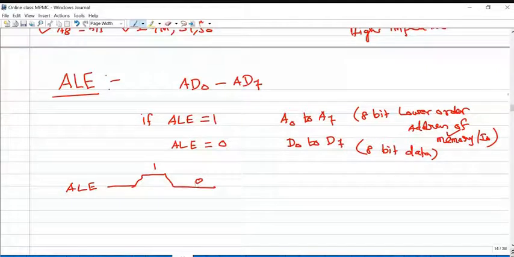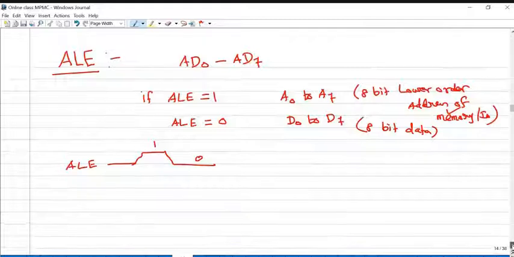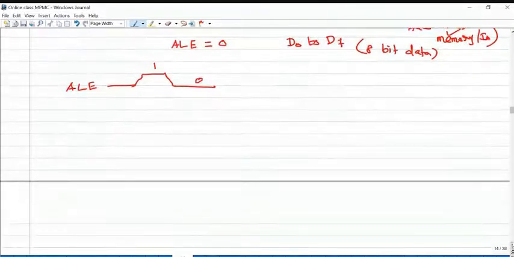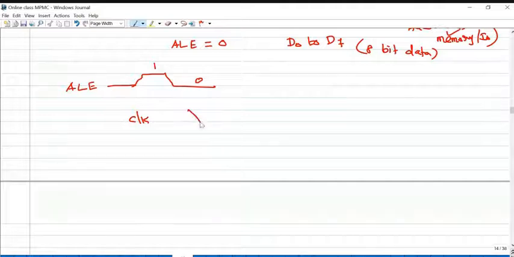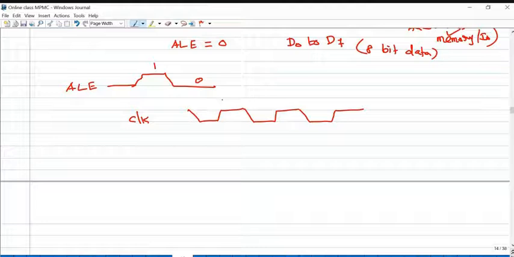During each and every machine cycle, the first T state, say for example, see the clock pulse: T state 1, T state 2, T state 3. So 1 off time plus 1 on time.